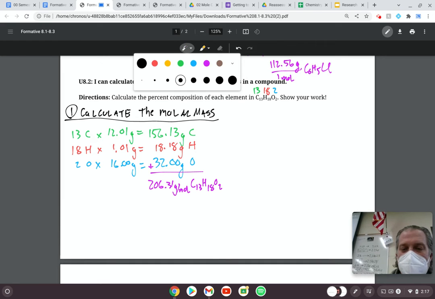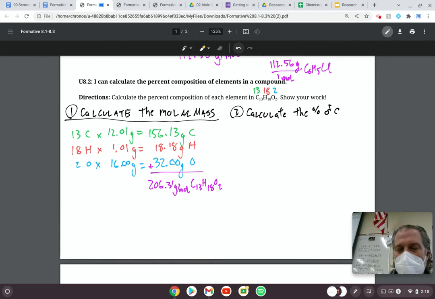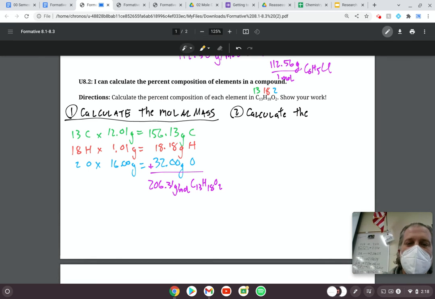The second step in here is to calculate the percent of each element. I ran out of room. Try that again. Calculate the percent of each element.